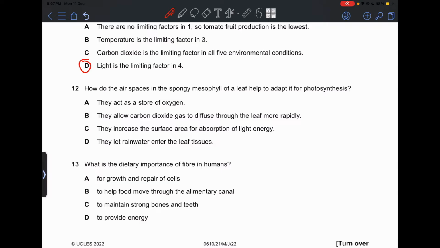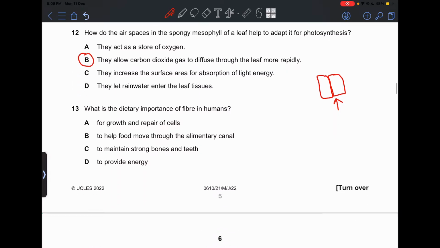The spongy mesophyll cells have air spaces so that there is enough space for the air to diffuse in the leaf. If they have packed cells next to each other, just like the palisade mesophyll cell, there is not enough space for the air to diffuse around, so it's just going to be trapped inside, or it's not going to enter. So our answer is going to be B.